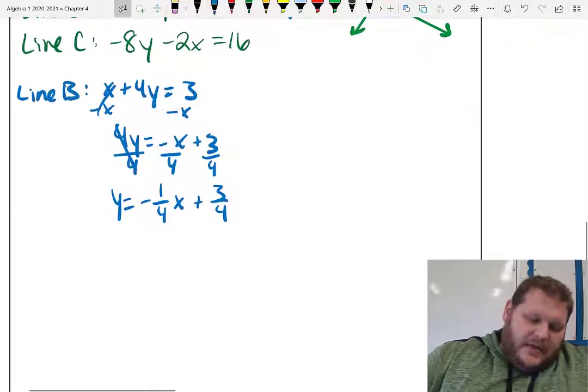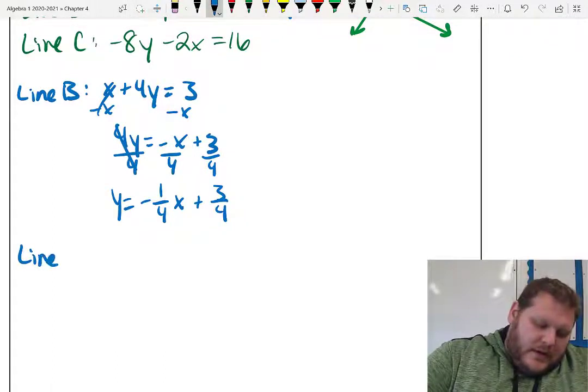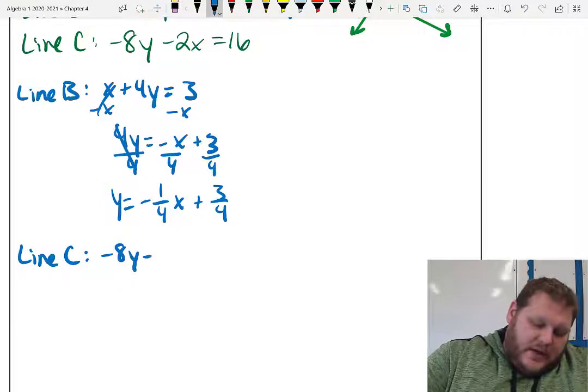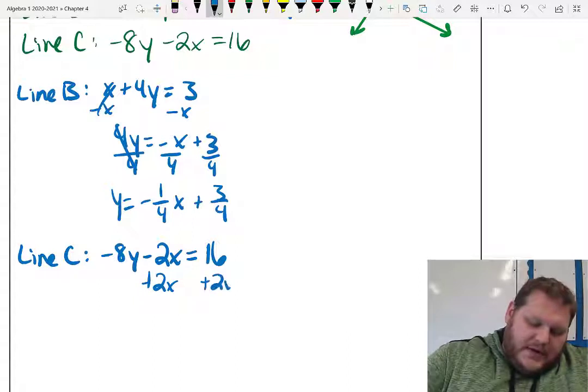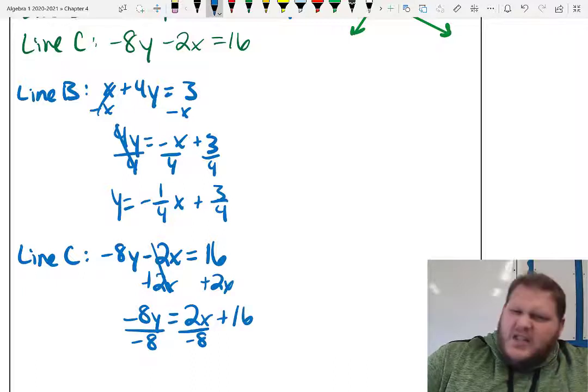And I'll do the same thing for line C. Line C, negative 8y minus 2x equals 16. So I'm going to start by adding 2x on both sides. Negative 8y equals 2x plus 16. I'm going to divide by negative 8. Sorry if I'm going through this quickly.